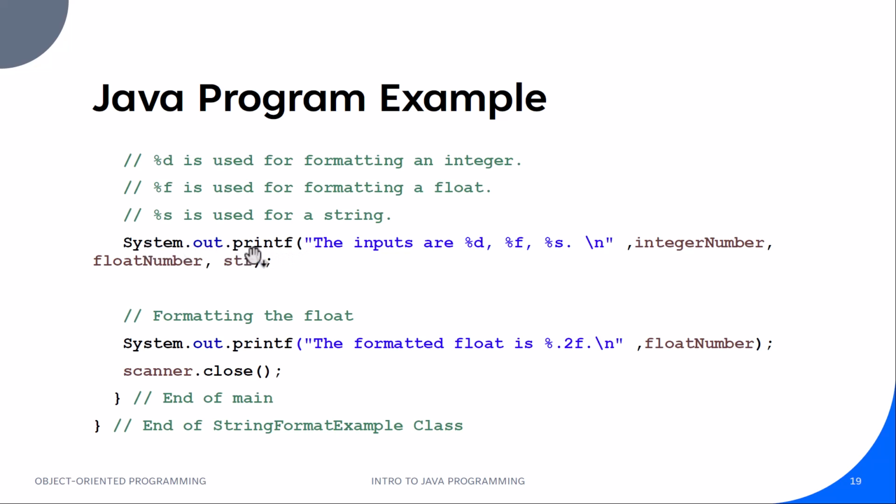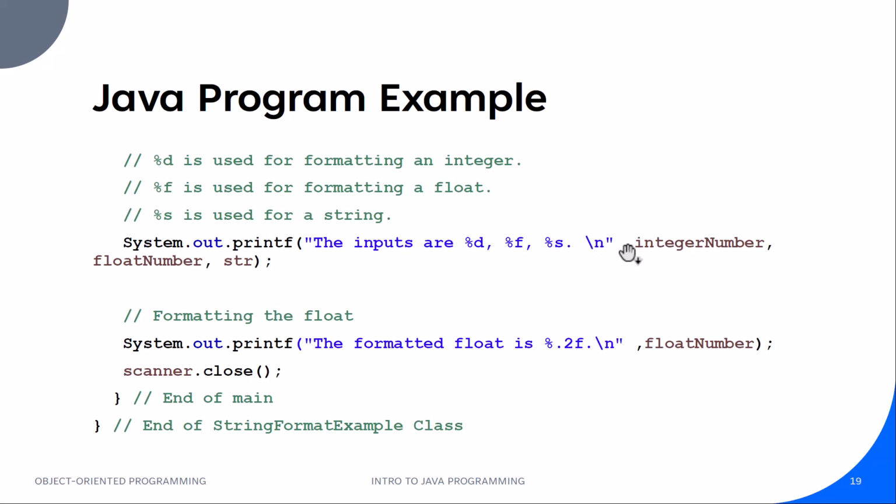So System.out.printf, and within the quotation marks I'm going to denote what type of variables I'm using: d for integers, f for float, and s for a string.